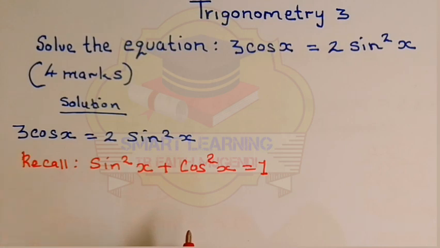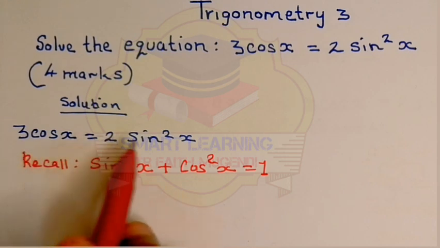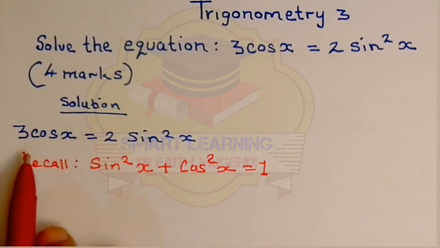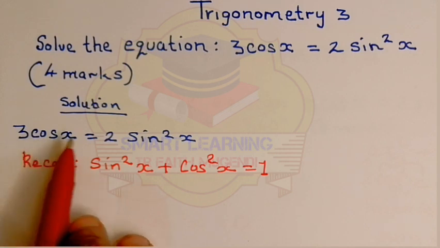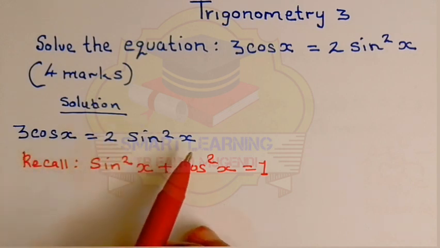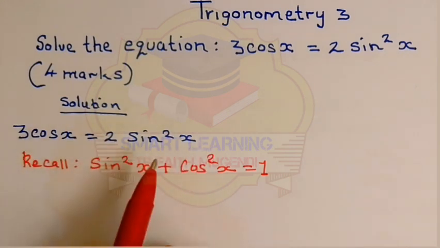That is a known trigonometric definition. And now, because we don't want to work with these two trigonometric ratios, we need to convert either cos x into sine x or sine squared x into cos x.